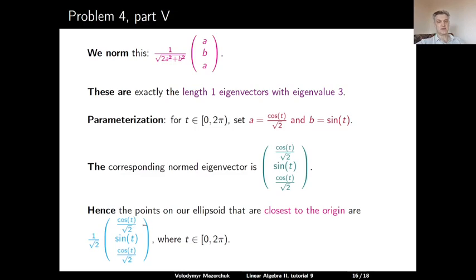So the answer is that all these points are 1 divided by the square root of 3 times (cos t divided by the square root of 2, sine t, cos t divided by the square root of 2), where t is an element between 0 and 2 pi. 0 is included and 2 pi is not included. And this completes problem 4.